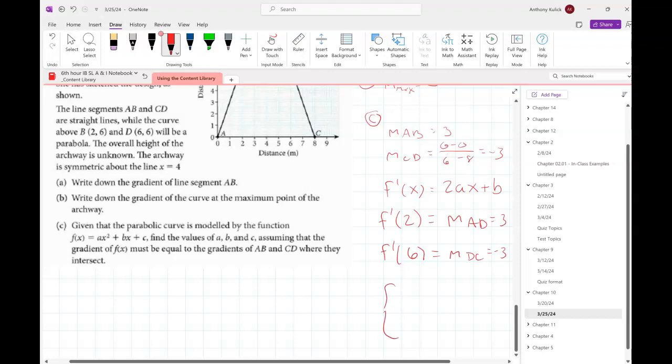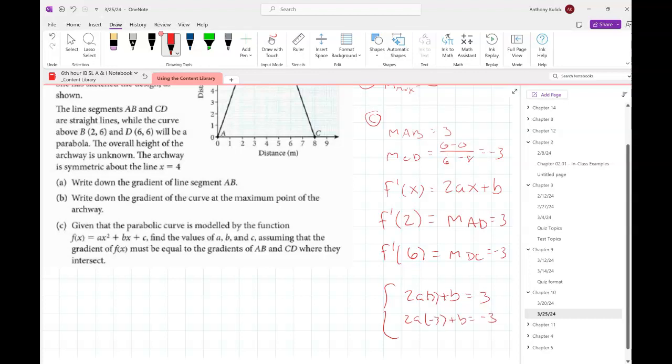So that's going to form a system of two equations. X is 2, and then it's 6. There we go. Is everybody okay with what I did there? This system of equations will allow me to solve for A and B.